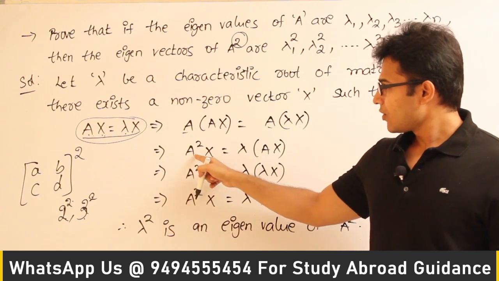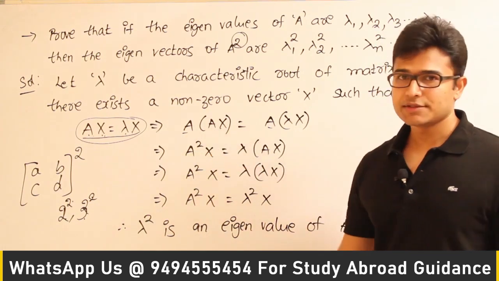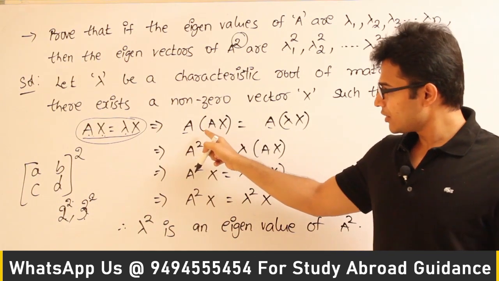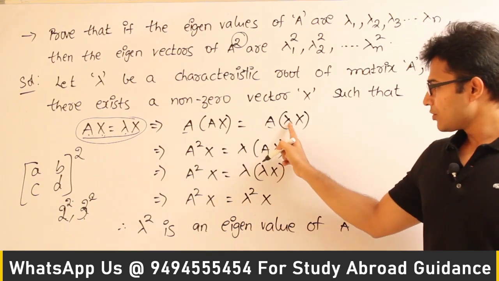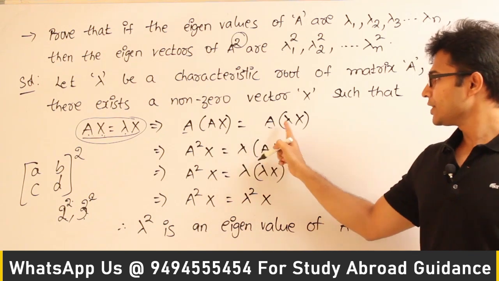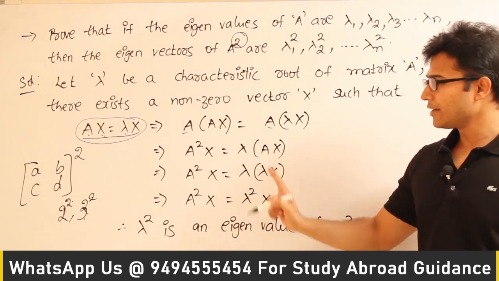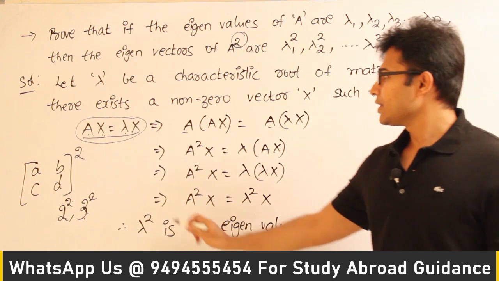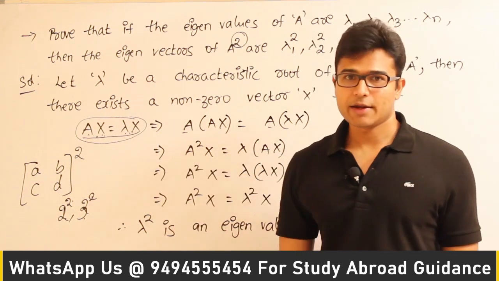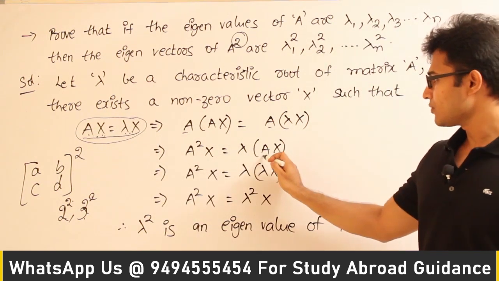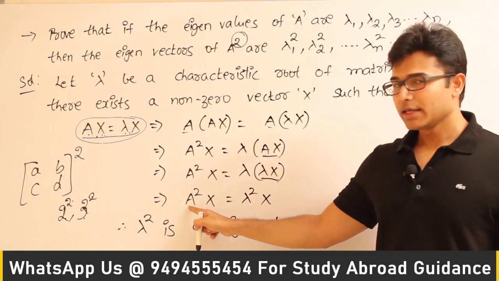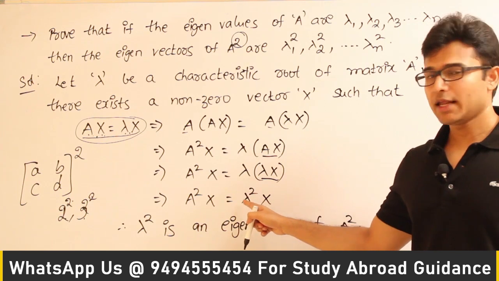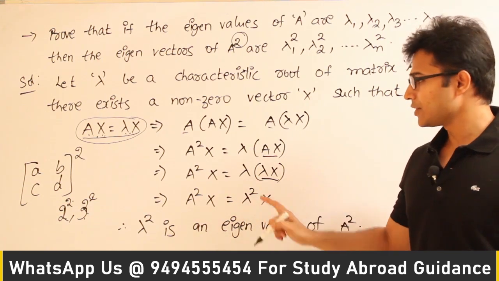Now A into A is nothing but A square, so the left side reduced to A square x. On the right, lambda comes out and I send A inside, multiplying A and x. We already know that Ax is equal to lambda x, therefore in place of Ax, I substitute lambda x. Then A square x becomes lambda square x.